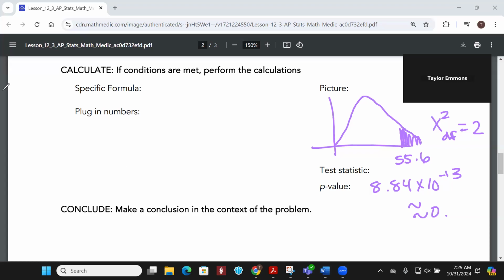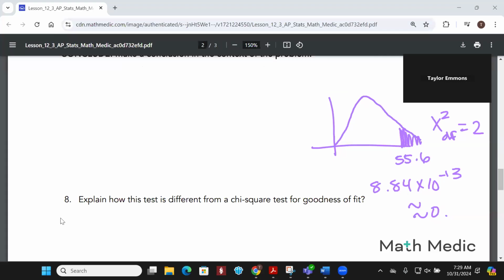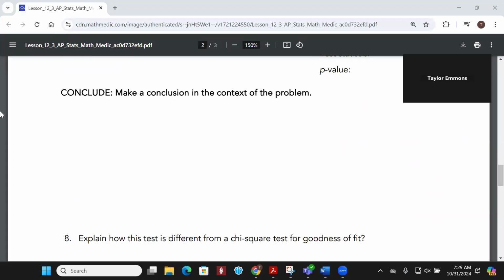On the last part, the conclusion. For the conclusion, we assume the null is true. That means that there is no difference between Michigan and that other school.